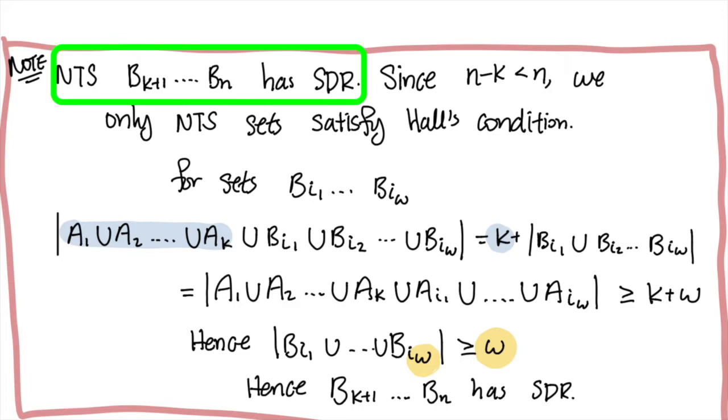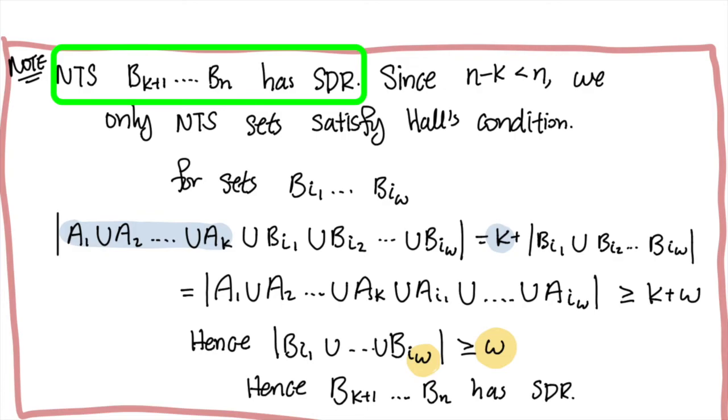Note that when you are finding the size of a union of a bunch of sets, if you remove elements that are from one of those sets, and those elements are also in another set, then the removal of these elements from one of these sets would have no impact on the size of these sets' union.